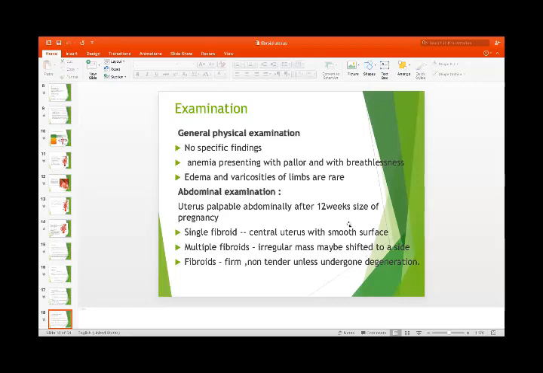A single fibroid is present centrally in the uterine body, central in location in the abdominal cavity, and has a smooth surface. If there are multiple fibroids, then it is an irregular mass which may be shifted to a side. Fibroids are firm, non-tender masses unless they undergo any complication, then they become tender.